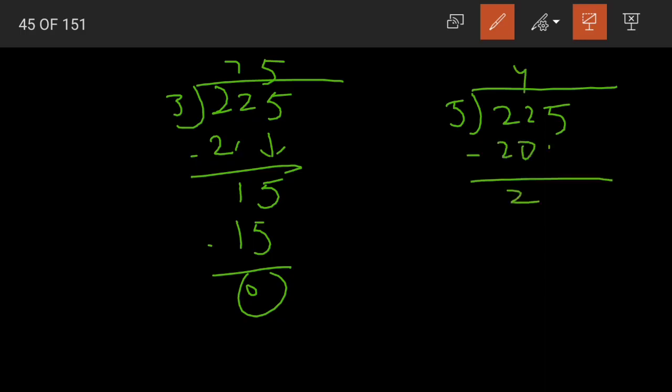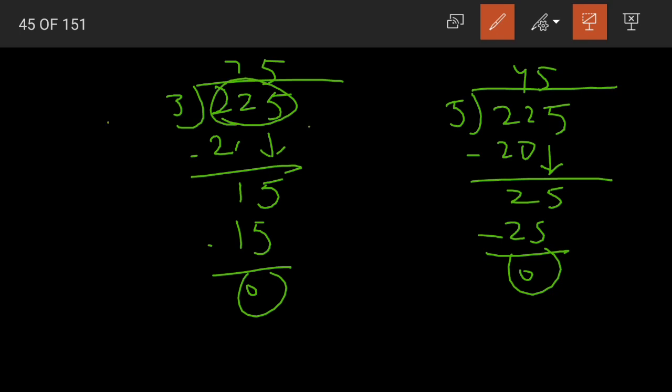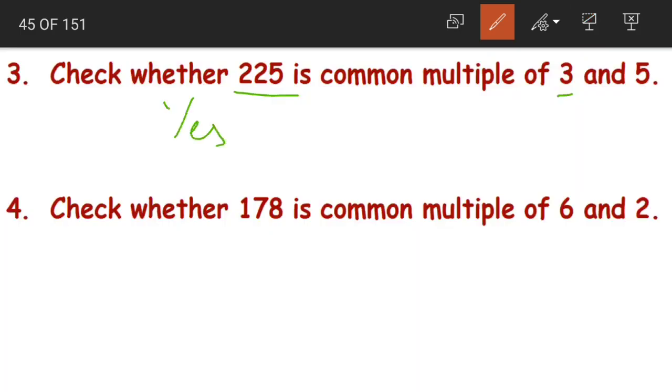When we subtract, 2 is remaining, 5 brought down. 5 5s are 25. When we subtract, 0 is remaining. So 225 is divisible by both 3 and 5. So what can we conclude? 225 is a common multiple of both 3 and 5.